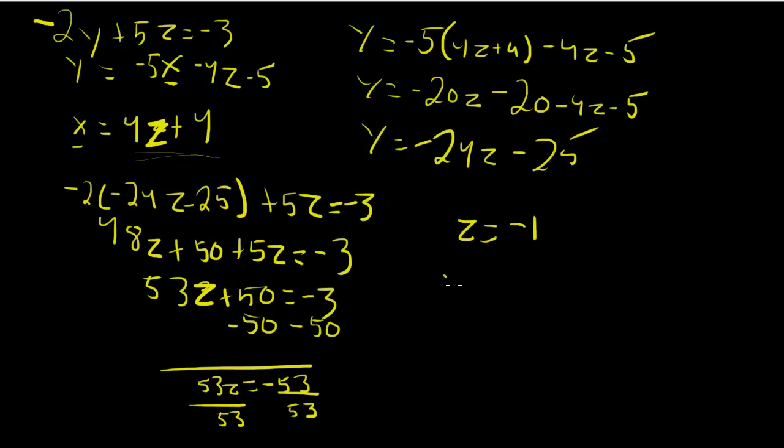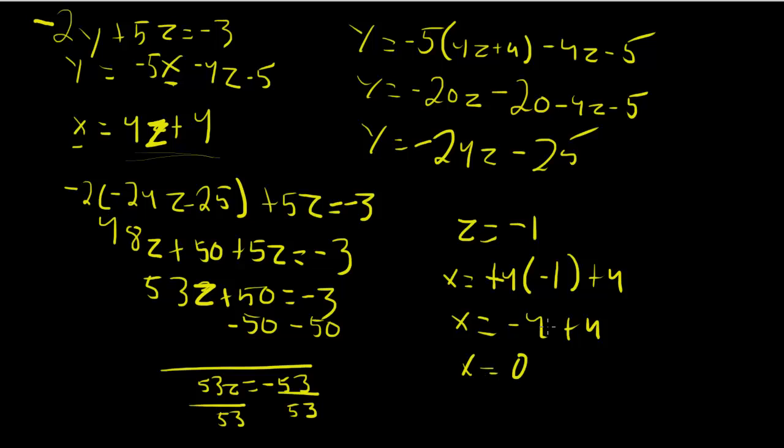So we have x equals negative 4 multiplied by negative 1 plus 4. We get x equals 4 plus 4. Oh wait, sorry, that's not a negative 4. This right here is a positive 4. So we get x equals negative 4 plus 4, x equals 0.